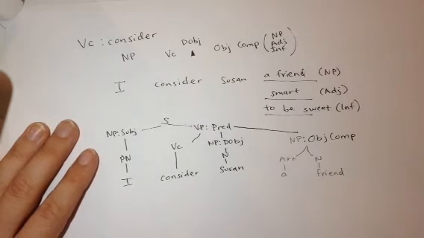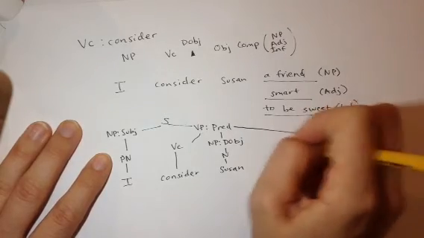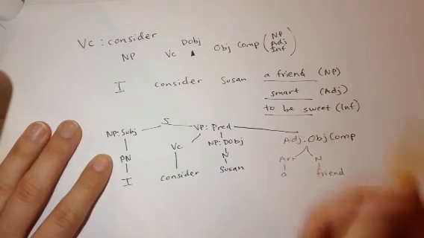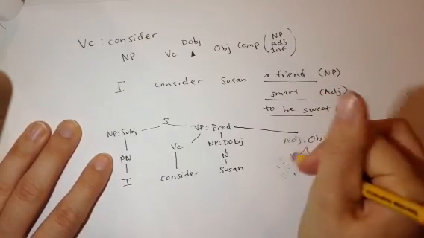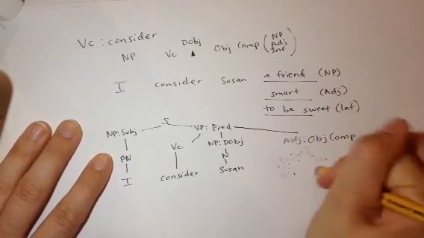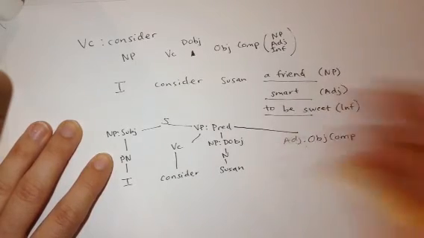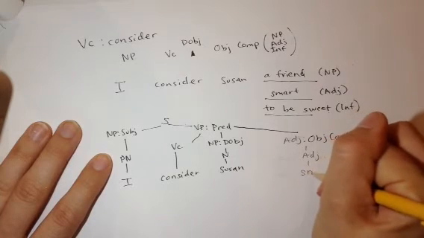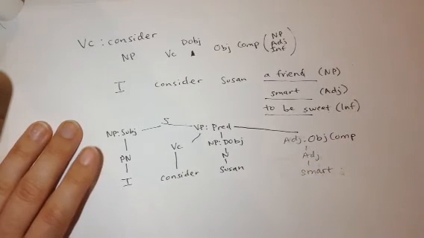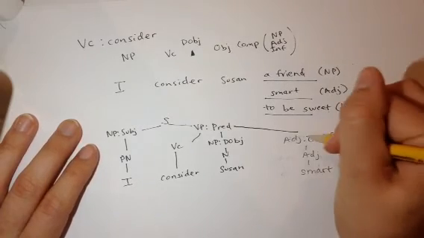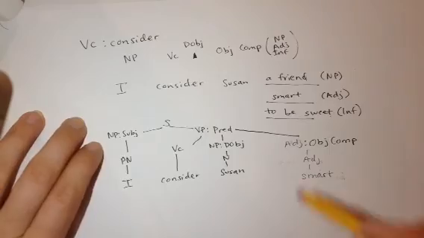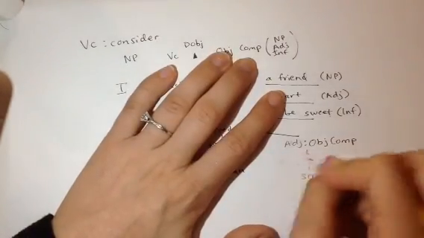Right? Got it? But if I have an adjective, I say adjective, object complement, I put adjective, and then I would put smart. Okay? Good? Here's where it gets a bit tricky, is when we do an infinitive phrase.